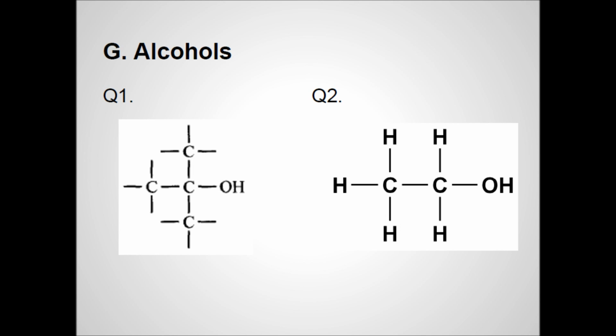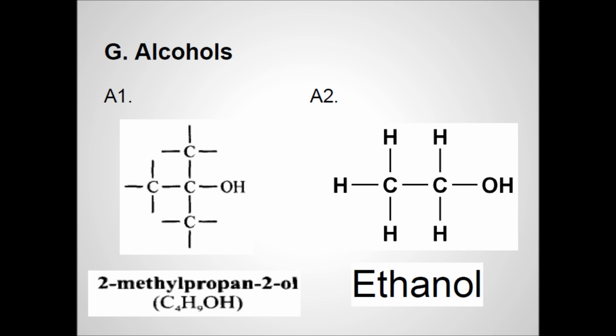Then try to name them. For question number 1, 3 carbons are the parent chain and 1 OH is added to the second carbon, and there is a methyl group. So it is going to be 2-methylpropanol. The ring is called benzyl and there is 1 OH added to the carbon, so it is called benzyl alcohol.